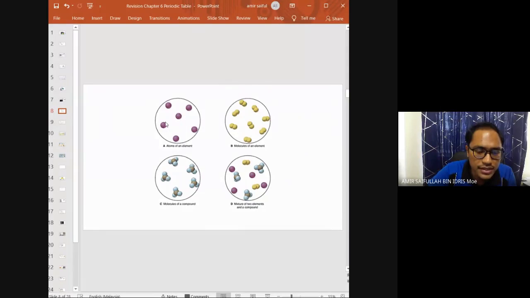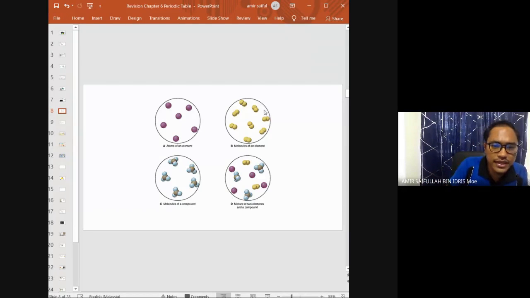So for example like this. This one is only one element and it has only one atom. Yang ni dia element because only one type, but then dia exist as molecule. For example, yang ni ialah oxygen ataupun hydrogen, H2.